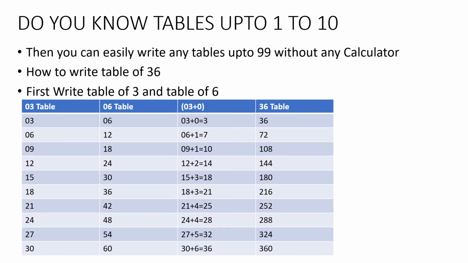Friends, we are aware of tables 1 to 10. Almost everybody can remember the table up to 10. But when we go beyond the 10th table, we have a problem. It is common for everybody.